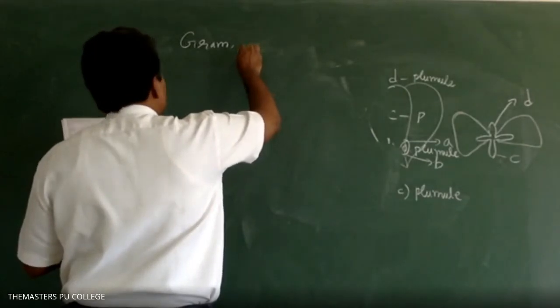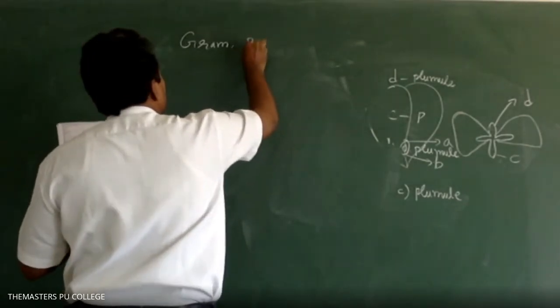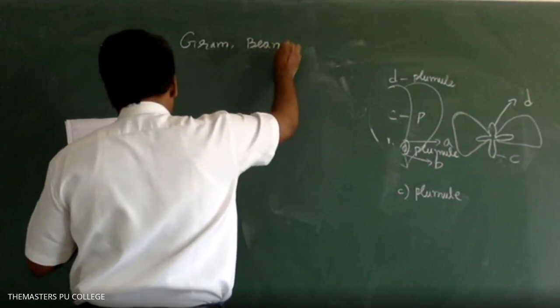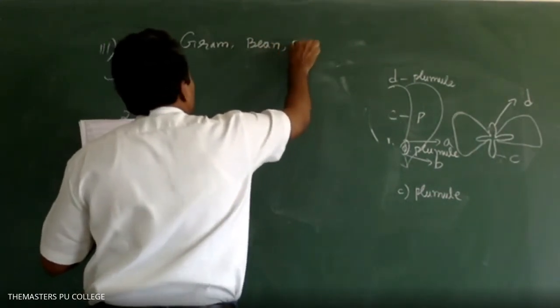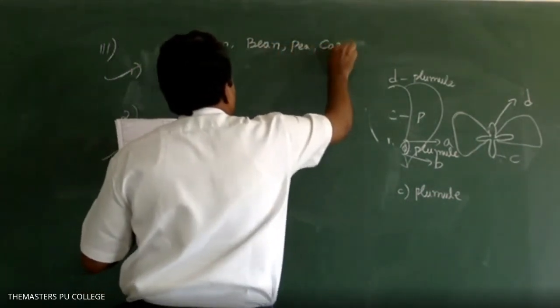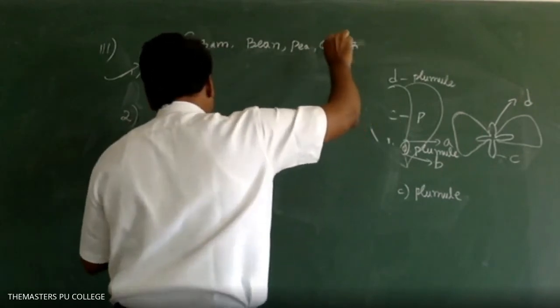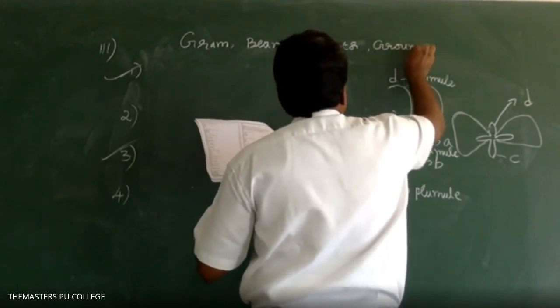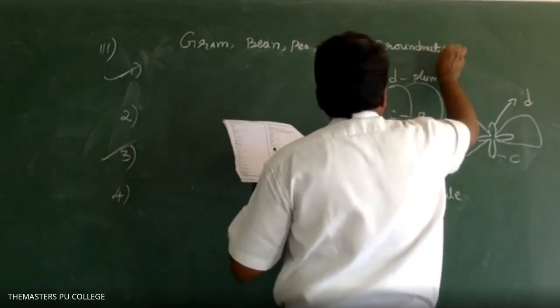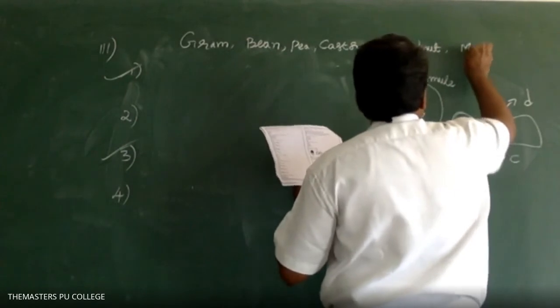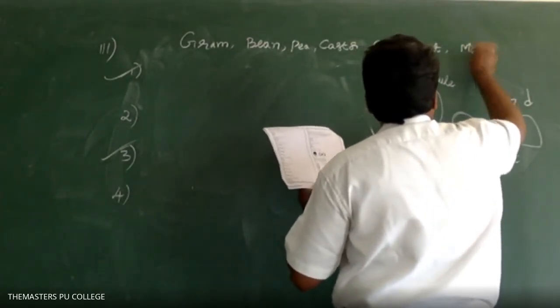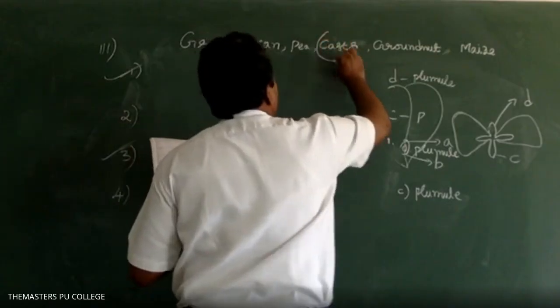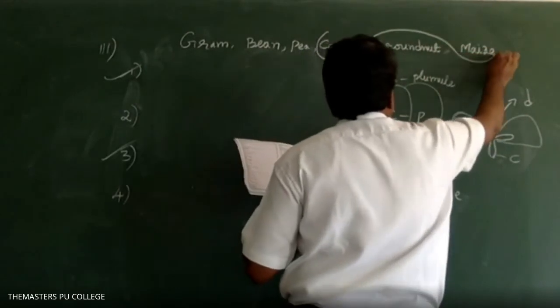The given ones: gram, bean, pea, castor, groundnut, maize. Castor and maize, sir. Very good. Castor and maize are the albuminous seeds.